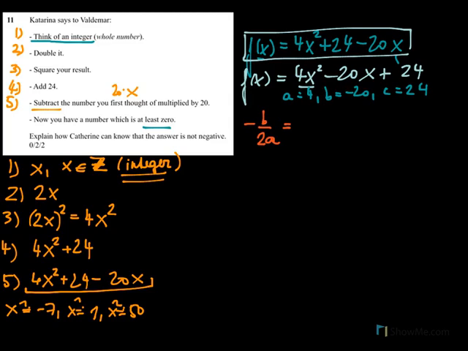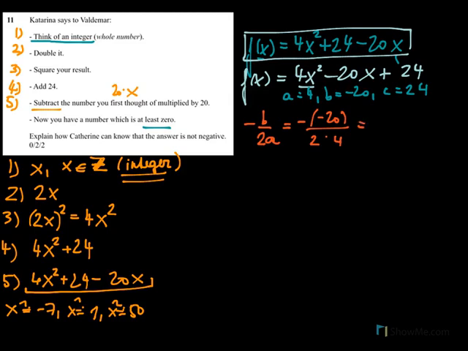We can derive this formula, for example, from completing the square. The reason why I'm not using this formula that much is I'm not good at remembering things, but this is very useful. And now let's evaluate. So it's -(-20) over 2 times 4.